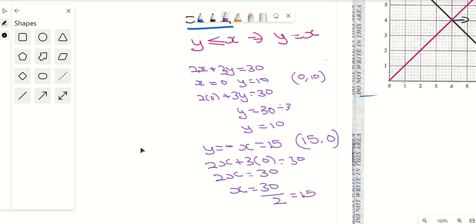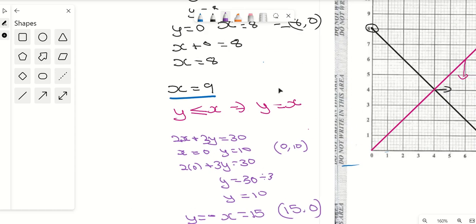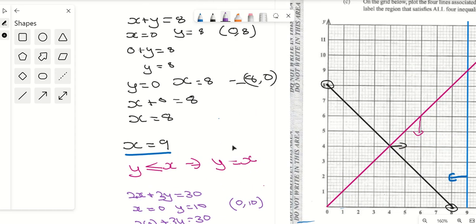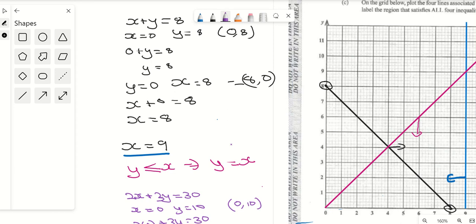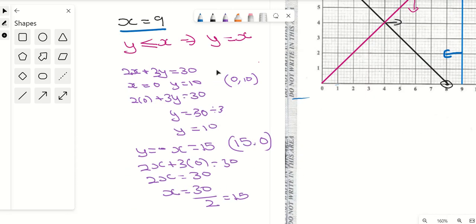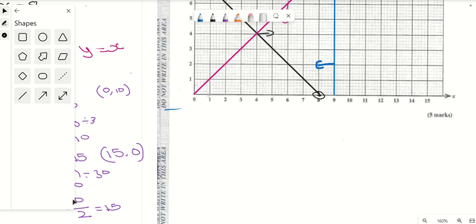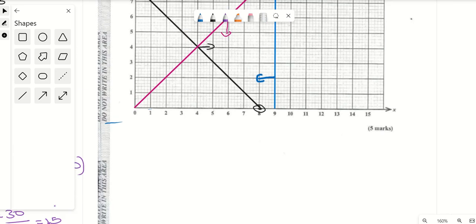So let's look. When x is equal to 0, that's on your y-axis. When x is equal to 0, y is equal to 10. That is this purple dot here. And then the next one, when y was equal to 0, x is equal to 15. That is on your x-axis.